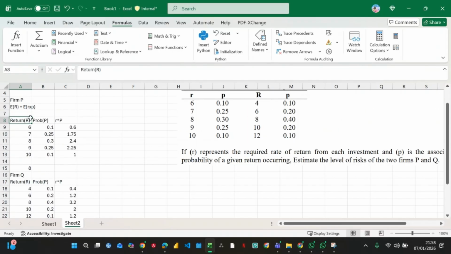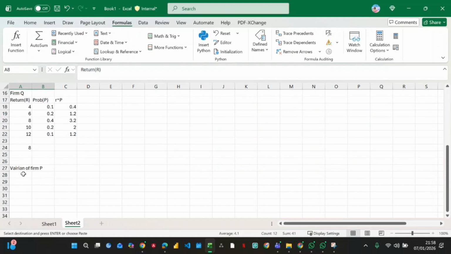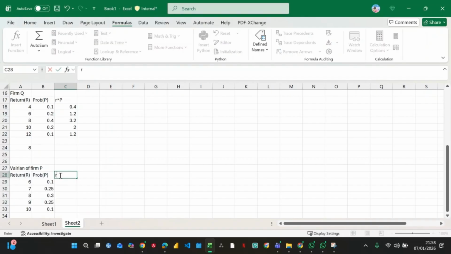So we're going to have another table. Let us just pick this table. I have this table here. Then the next thing I'm going to have here is r minus 8, raised to the power of 2.